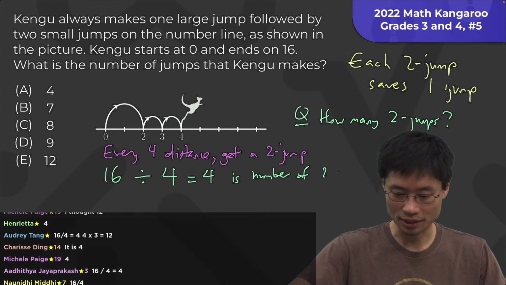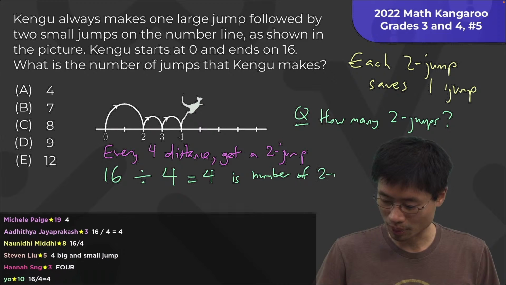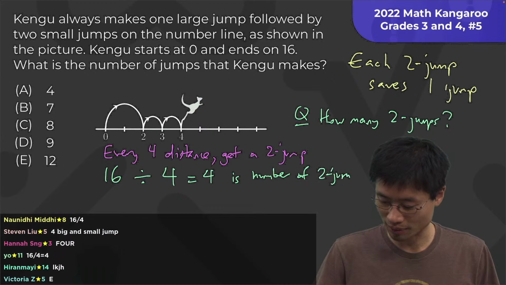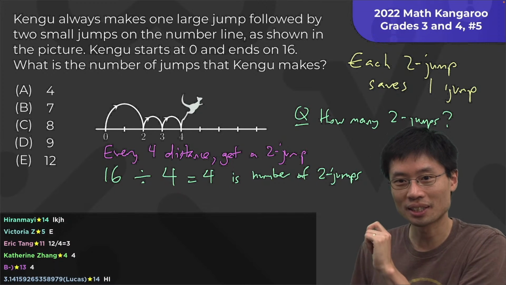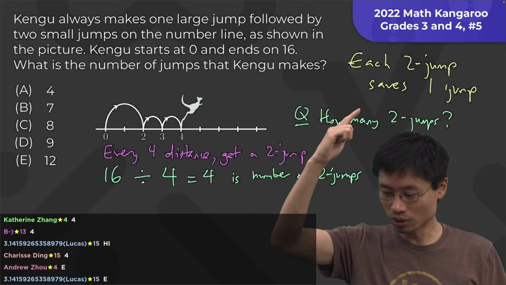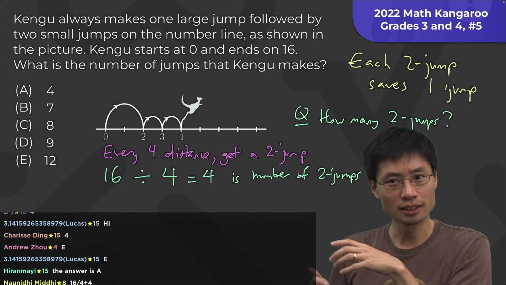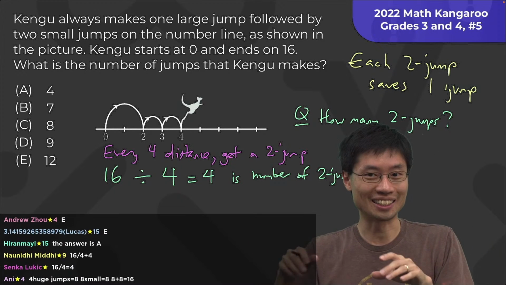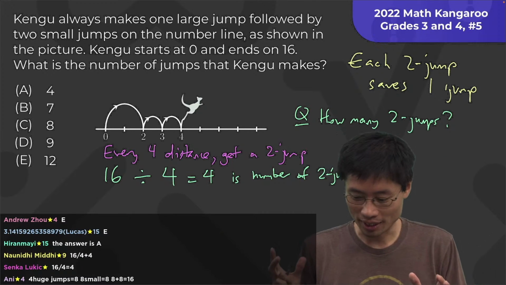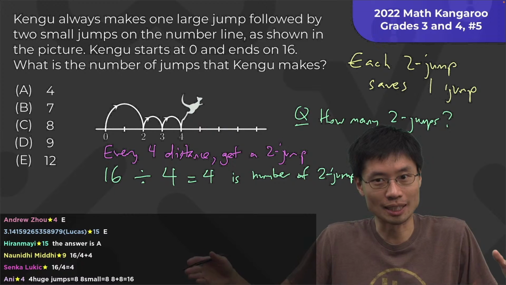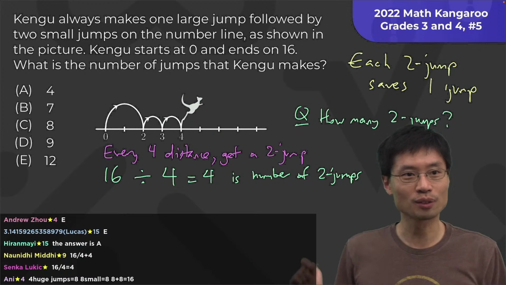I'm just writing this very slowly because I want to make this as understandable as possible given the audience age level. All right, now if I take 4 2 jumps, how do I get the answer? Remember, each 2 jump saves a jump. If you put your reasoning in, it's more likely for us to want to see it appear on the chat too. So normally you take 16 steps, but then I'm going to have 4 of them be 2 jumps.